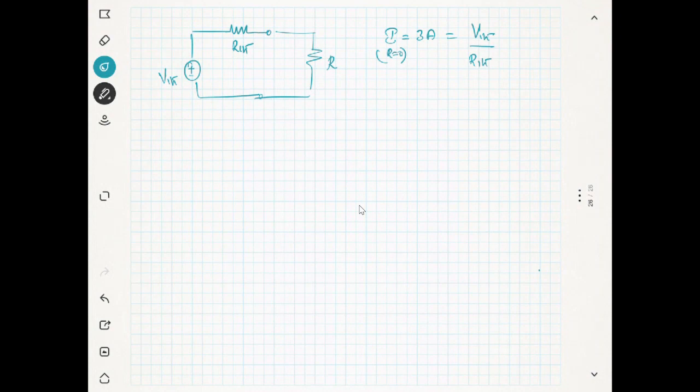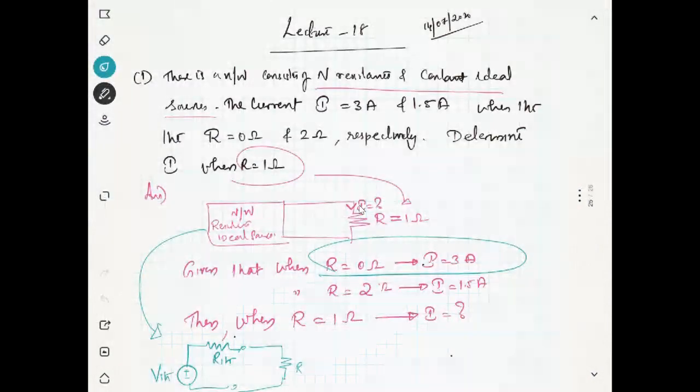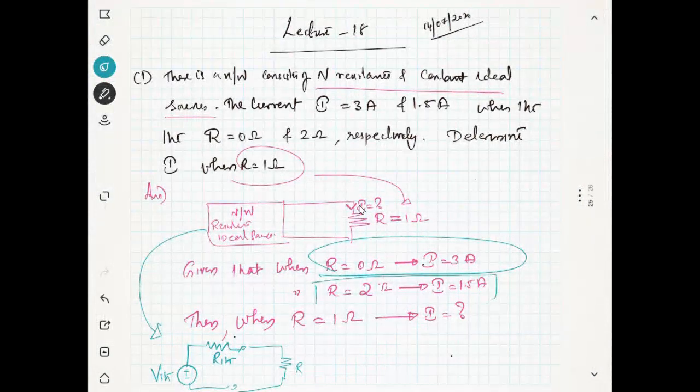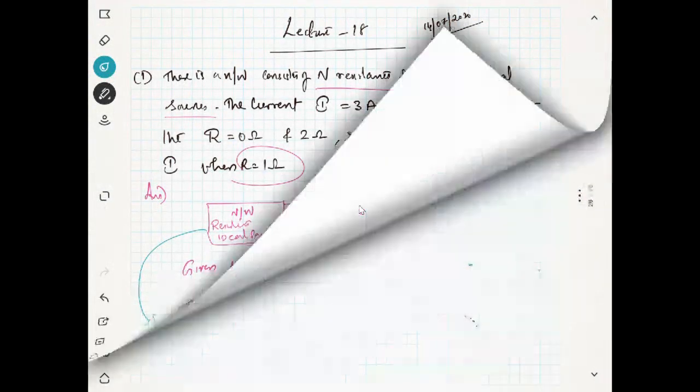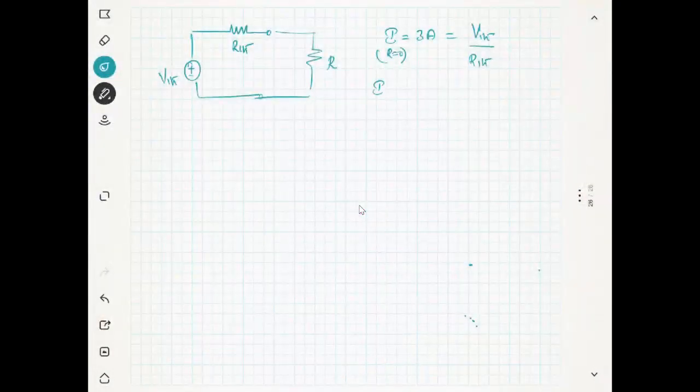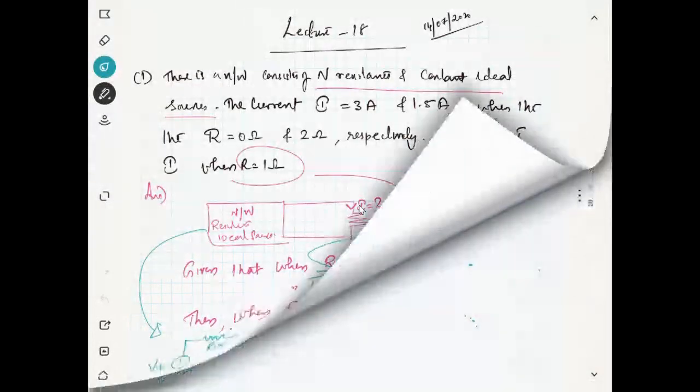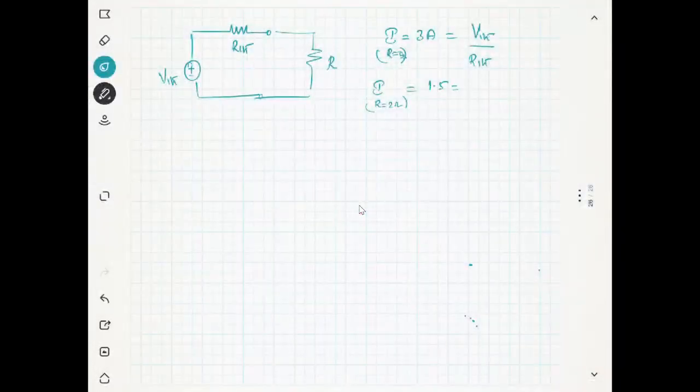Yes. Now the second case, we will take the second one. That means when R equal to 2 ohms, the current equal to 1.5 ampere, and this current is nothing but your V Thevenin divided by R Thevenin plus your 2 ohms.